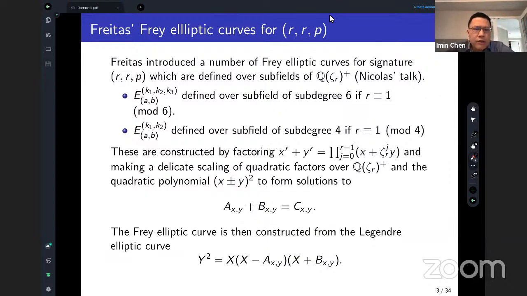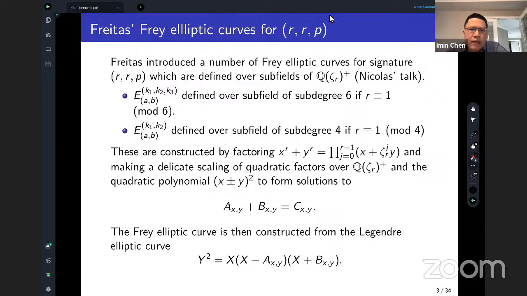How did he construct these Frey elliptic curves? Well, the idea is to take the polynomial x^r + y^r, factor it over the cyclotomic field, and select quadratic factors which are defined over Q(zeta_r)^+. In particular, we would take a factor like this, and then the factor associated to its complex conjugate, and consider also the polynomial (x plus or minus y) squared.